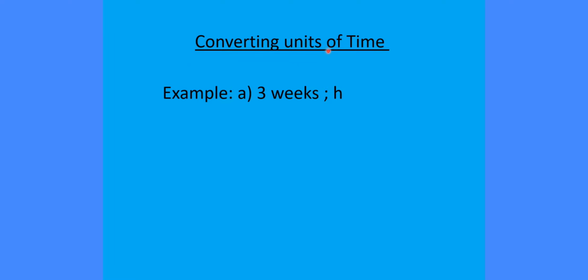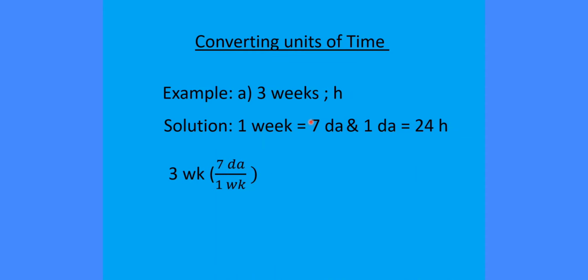Now let's deal with units of time. Example A. 3 weeks will be converted into hour. Solution. 1 week is 7 days. Then 1 day is 24 hours. So the given value, which is 3 weeks, will be multiplied by the ratio 7 days over 1 week. The unit weeks will be cancelled out. The unit remaining is days.